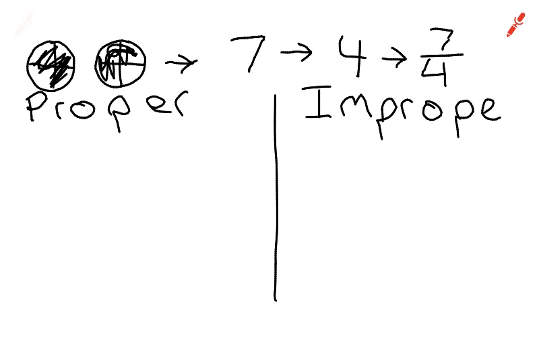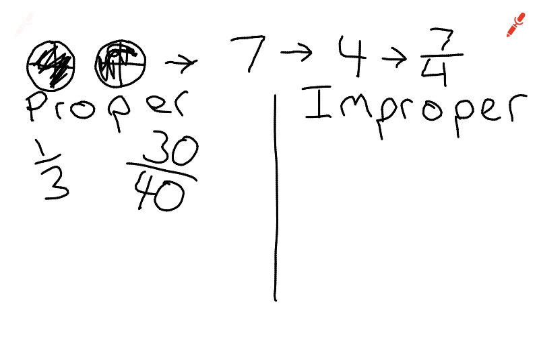And if you don't know this already, I think after looking at this, you'll always remember the difference. Proper is going to have a smaller number on top. So 1 over 3, that's a proper fraction. Or 30 over 40, that's a proper fraction. Or 9 over 10. These are all examples of proper fractions.